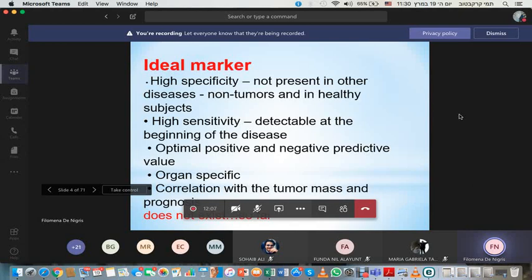We can have a marker specific for one organ, and the opportunity to have a correlation between this marker and tumor mass and prognosis. But so far, we don't have this kind of marker. We have markers that satisfy one or two or at least three points, no more than this.